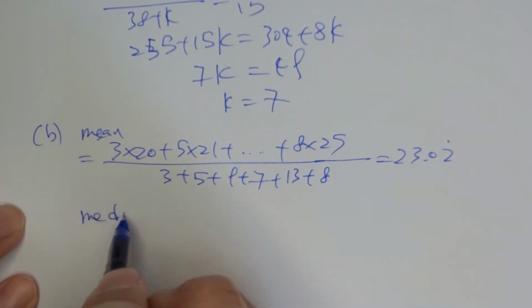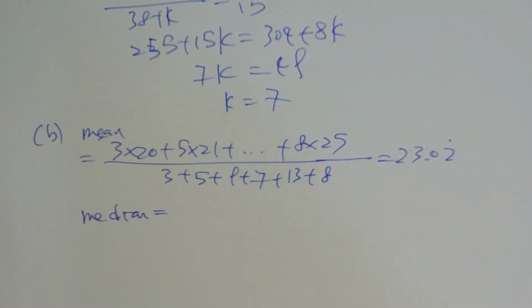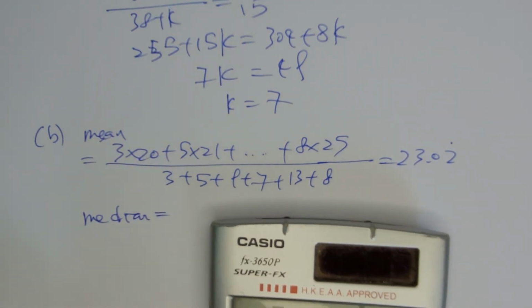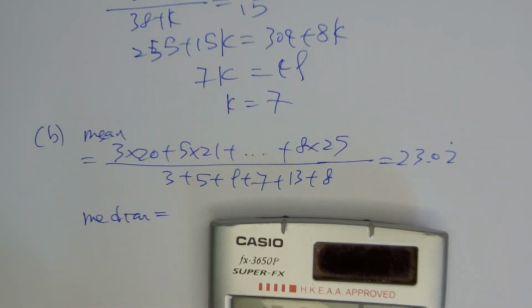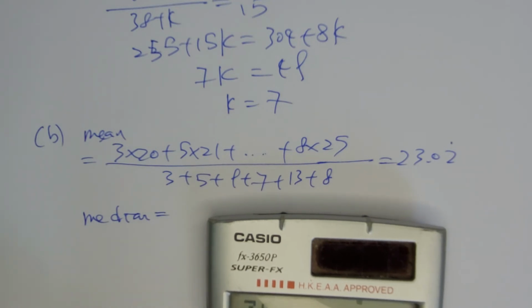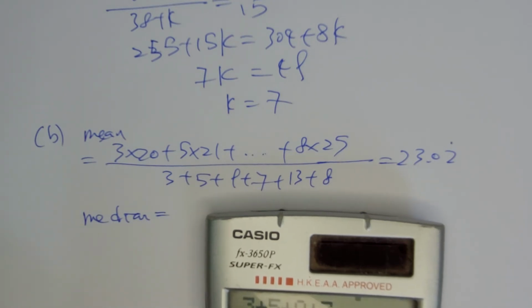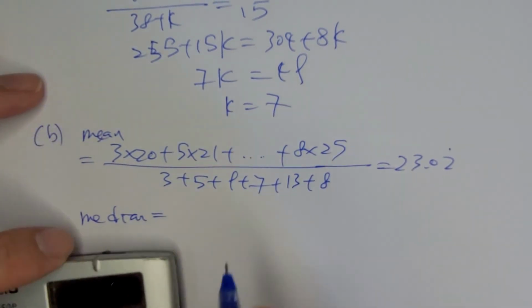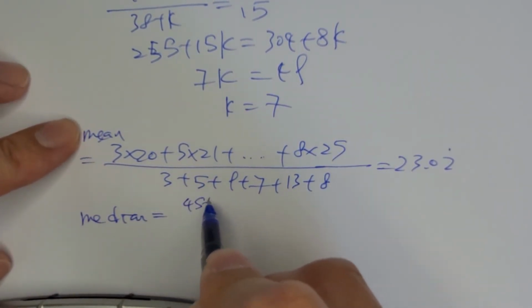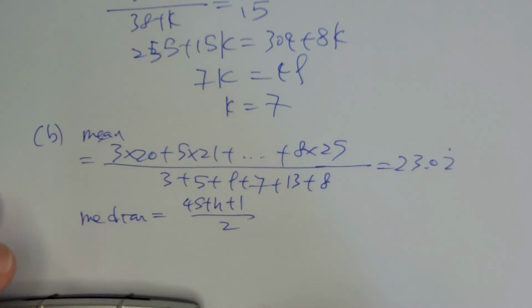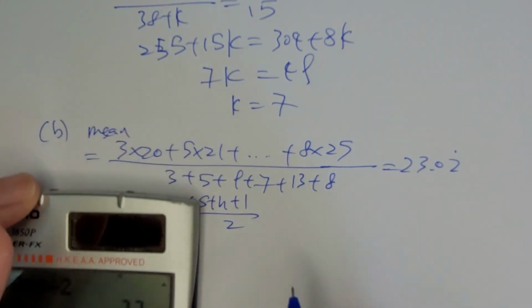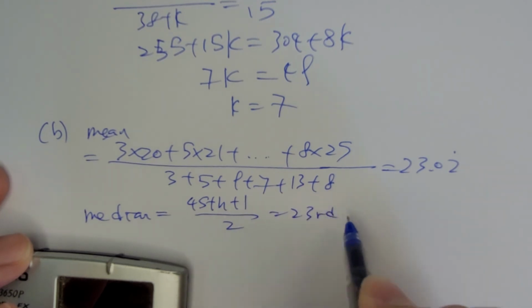And we need to find out which position the median is lying in. There are 3 plus 5 plus 9 plus 7 plus 13 plus 8, again 45 data. So the median is lying on the (45 plus 1)/2, that's the 23rd datum.